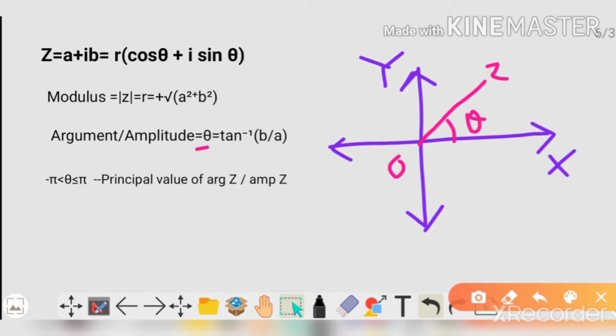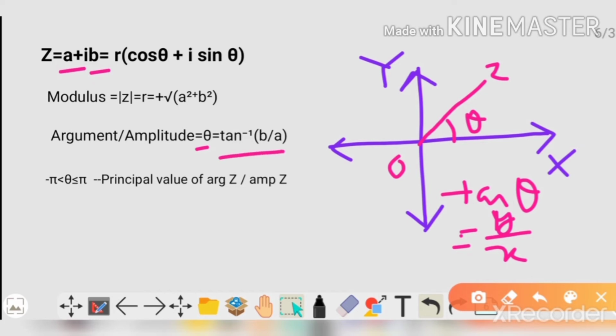Here theta is the argument or amplitude of Z. As in 2D coordinate geometry, you have learned that tan theta is equal to y by x. So here y is equal to b and x is equal to a. So this is the value of theta, tan inverse b by a.